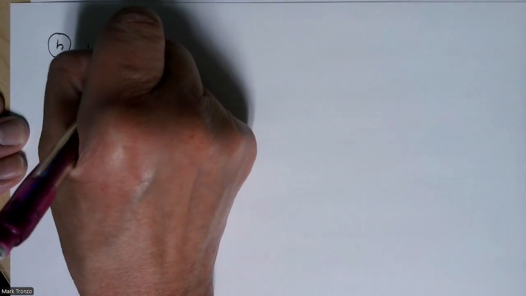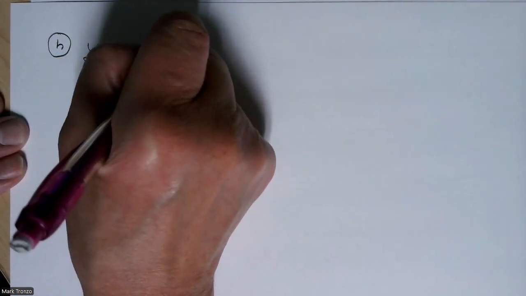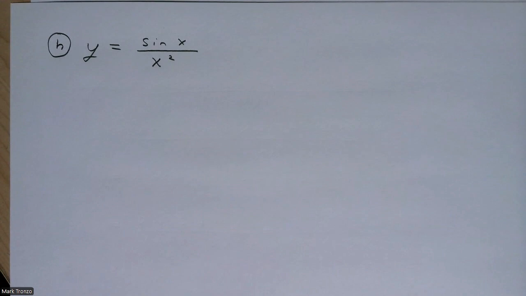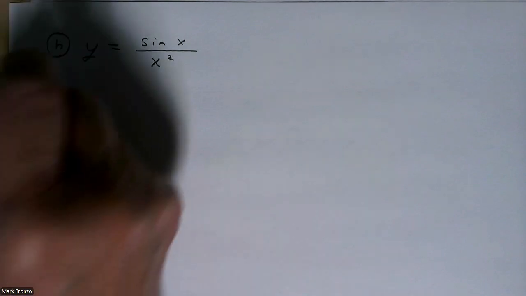Finally, let's look at this last one. y equals sine x divided by x squared. So once again, we have a quotient.